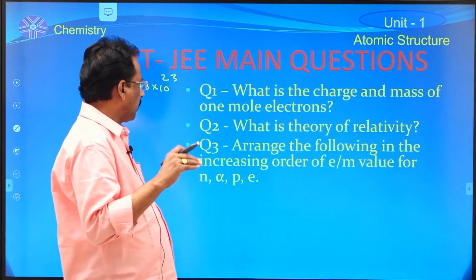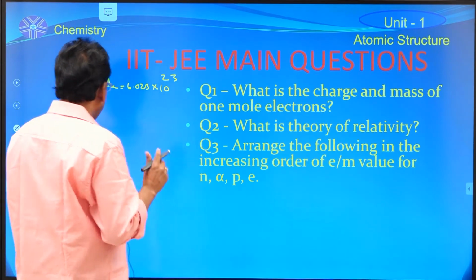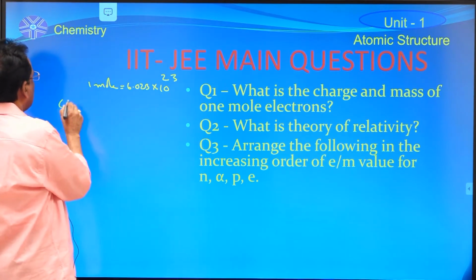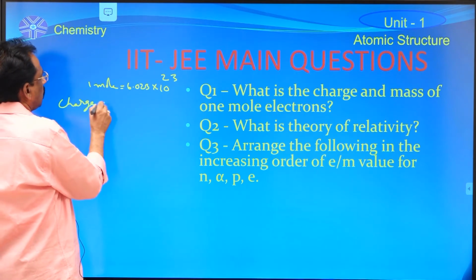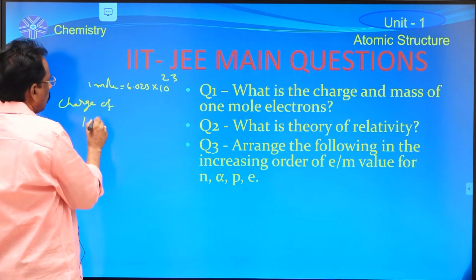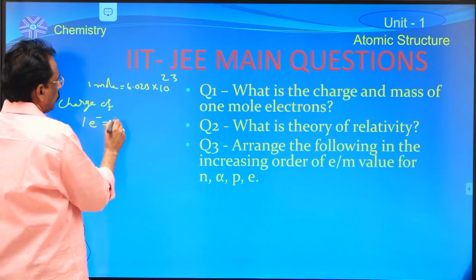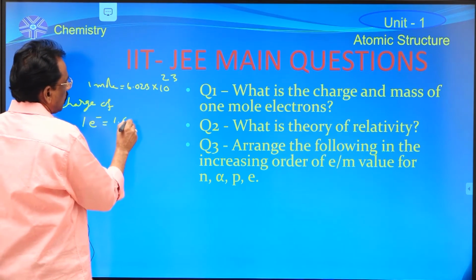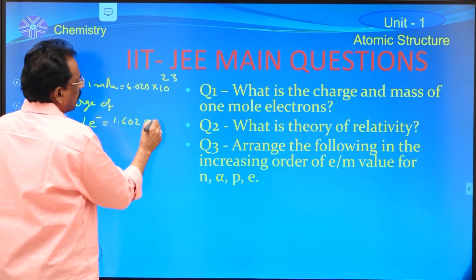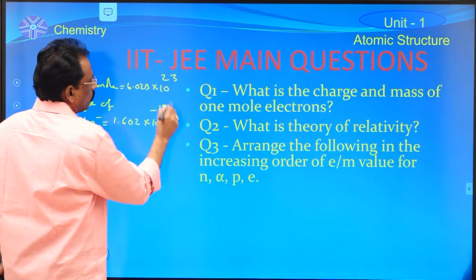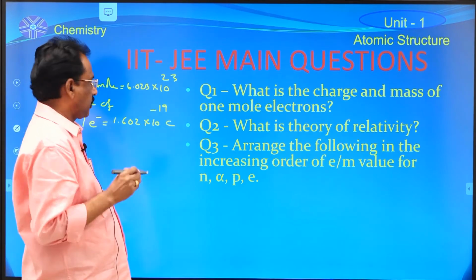According to Millikan's oil drop method experiment, the charge of only 1 electron is equal to 1.602 into 10 power minus 19 coulombs in MKS system.